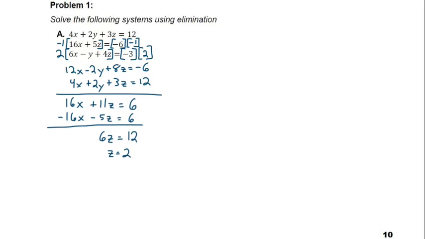So let's choose this one right here. 16x plus 11 times 2 equals 6. So that's 16x plus 22 equals 6. Subtract the 22, 16x equals negative 16, x equals negative 1.